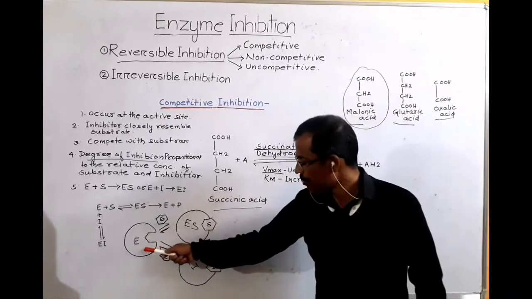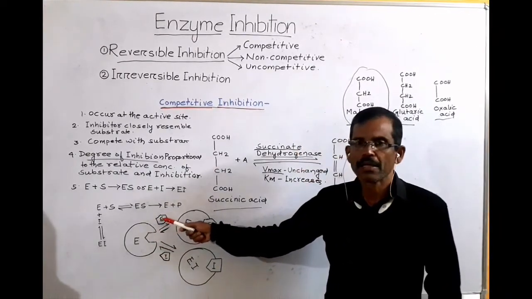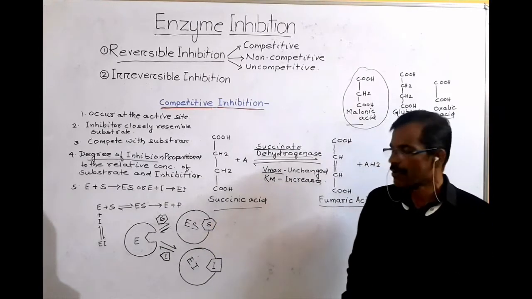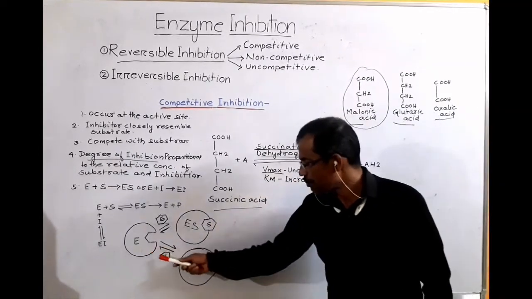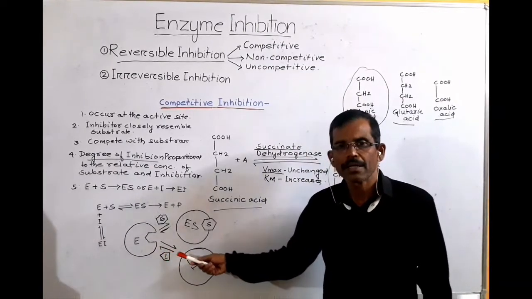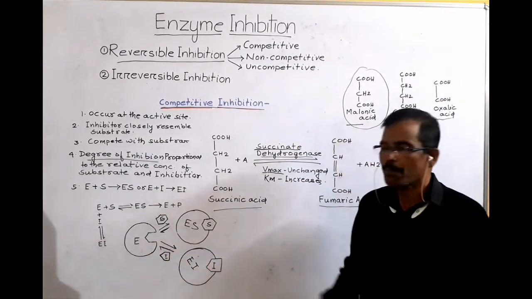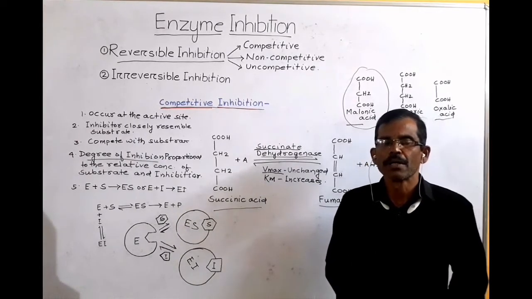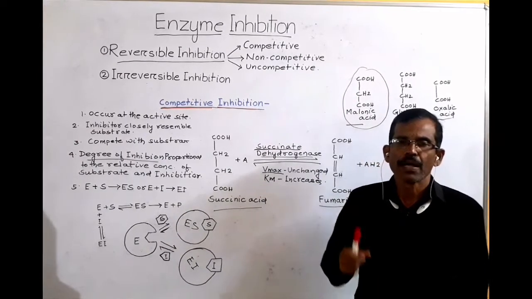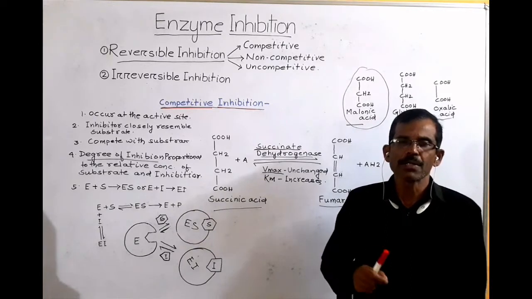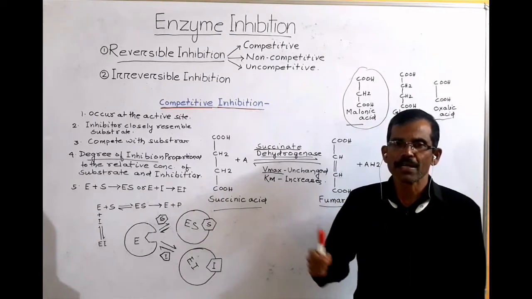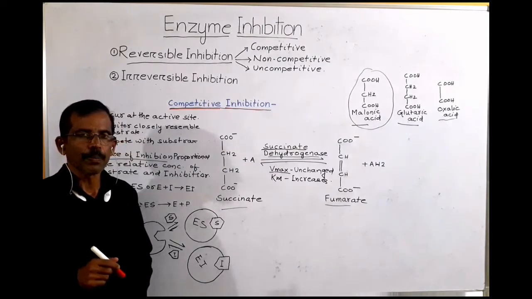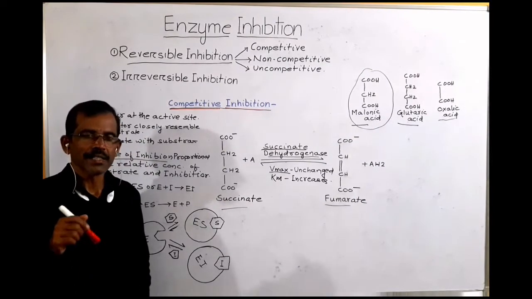The binding of enzyme with the substrate leads to the formation of enzyme-substrate complex, but when the enzyme binds with the inhibitor, the enzyme-inhibitor complex is formed. But in case of competitive inhibition, the formation of enzyme-substrate-inhibitor complex never takes place because the inhibitor and the substrate compete for binding at the same site.